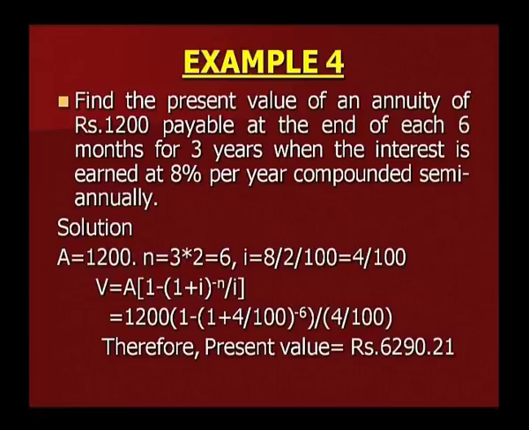Example 4. Find the present value of an annuity of rupees 1200 payable at the end of each 6 months for 3 years when the interest is earned at 8% per year compounded semi-annually. Its solution is A is equal to 1200, n is equal to 3 into 2, that is 6, i is equal to 8 upon 2 divided by 100, that is 4 upon 100.